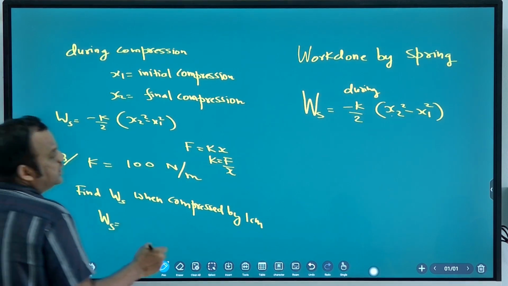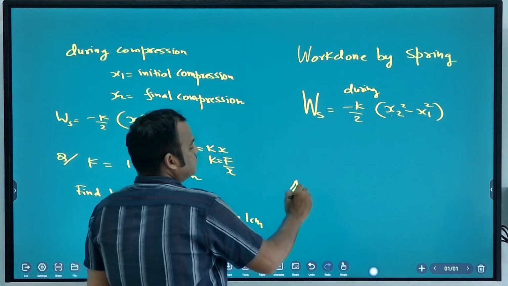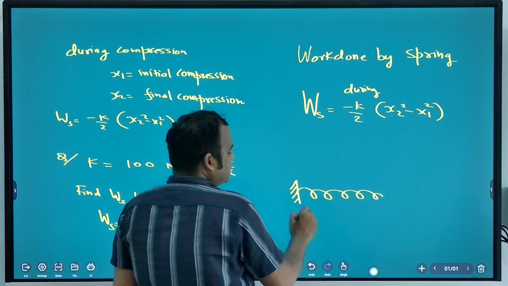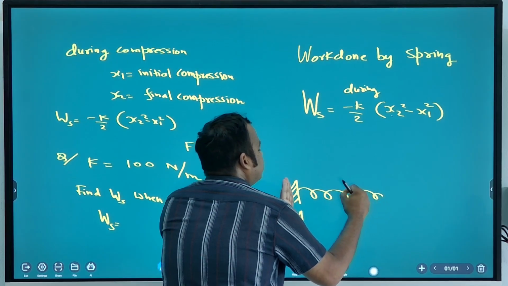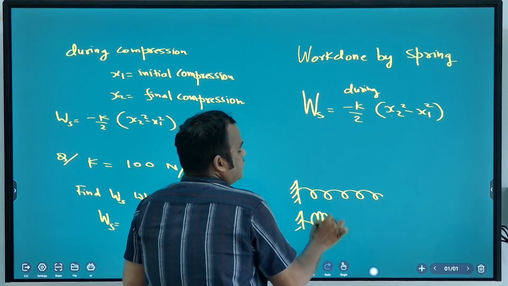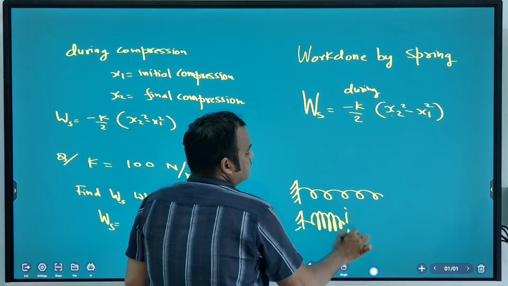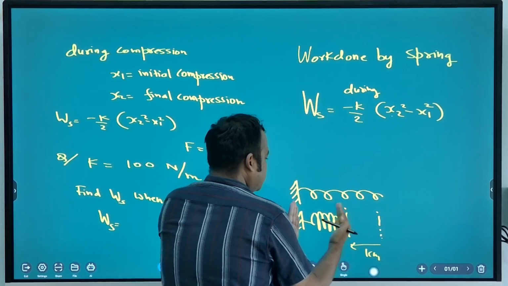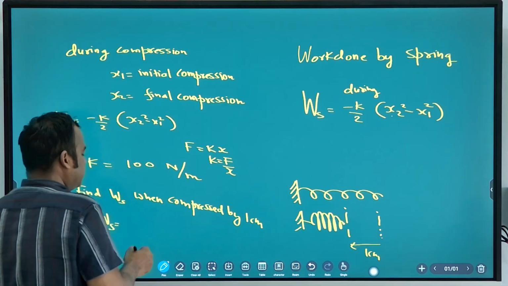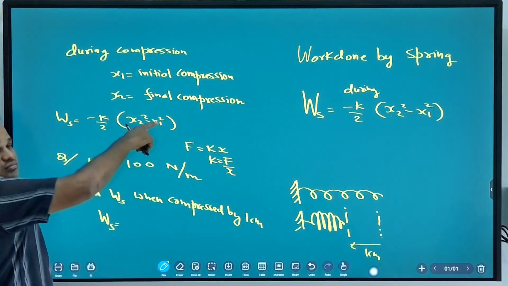So initially it is natural. Now you are holding the right hand and you are moving it left. So finally it is compressed. How much you are compressing it? 1 centimeter. So what is x1? 0.